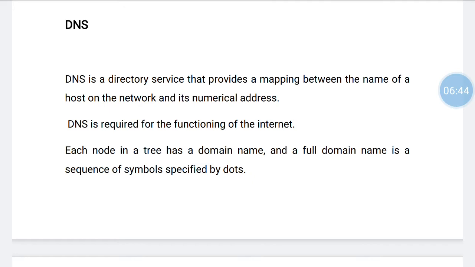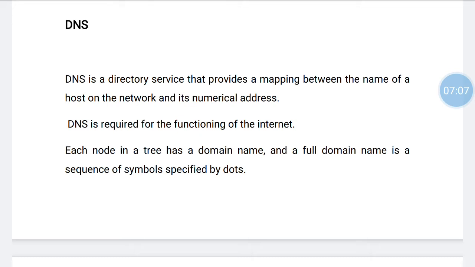DNS works with the help of DNS servers. When a user enters the domain name into the web browser, the request goes to the DNS server, and the DNS server determines the IP address using a lookup table. Then it sends the requested information to the user.